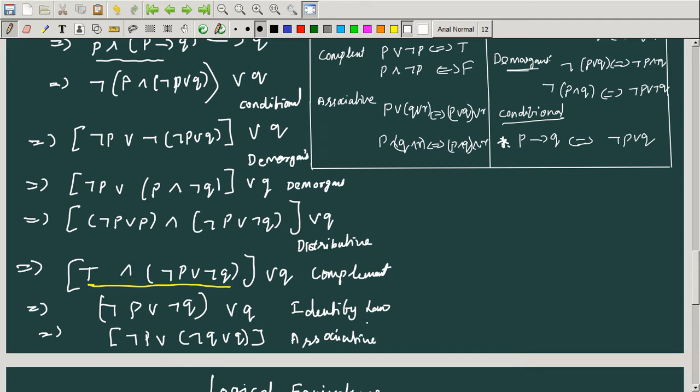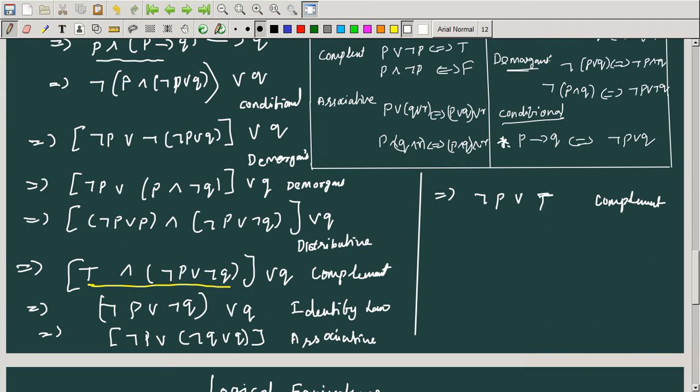After associative, I need to prove it is a tautology, that's why I'm doing all these steps. I write negation P as it is, and Q or negation Q is nothing but true as per the complement law.